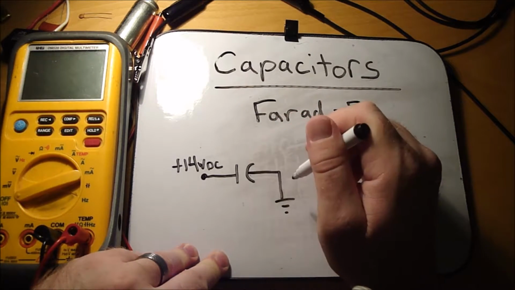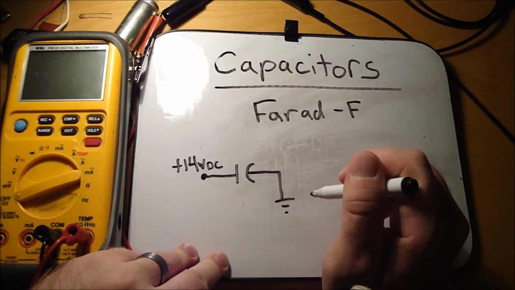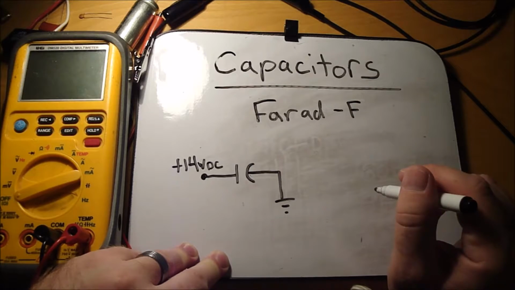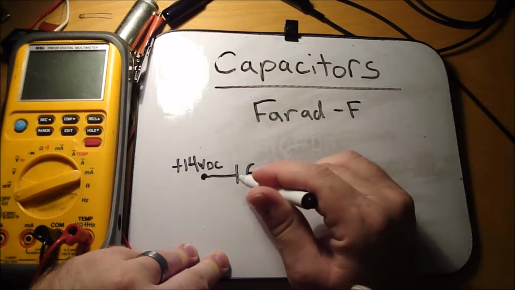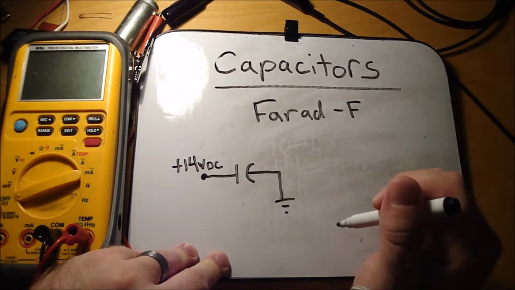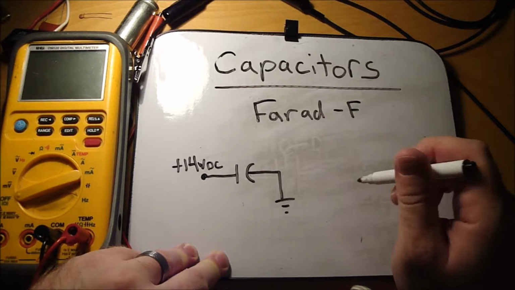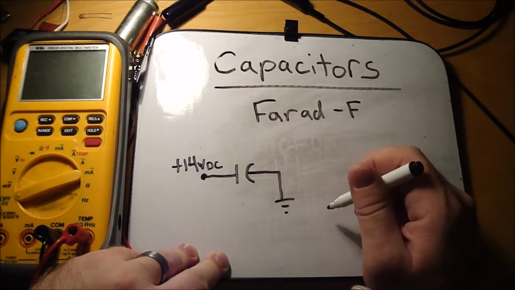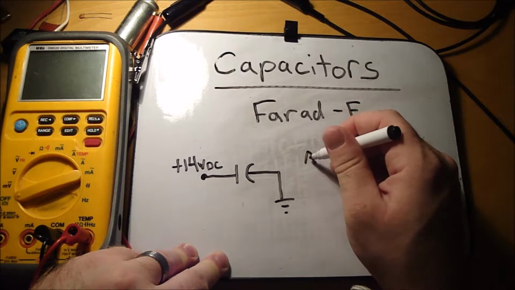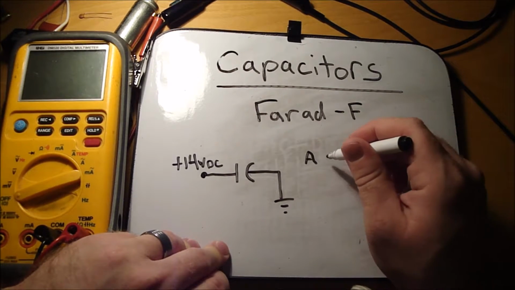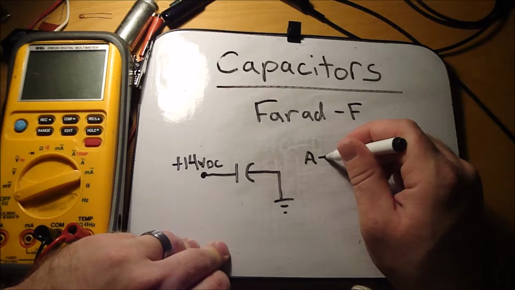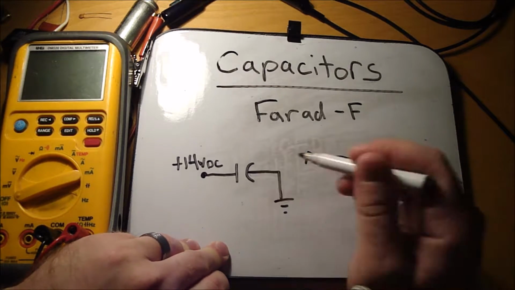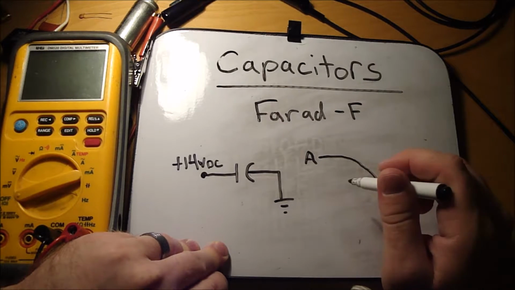A capacitor is going to take time to charge, and when it's charging, it's going to draw current to start charging that capacitor. So as it's charging, your amps will draw high current at the beginning and then drop off as the capacitor starts to get fully charged.